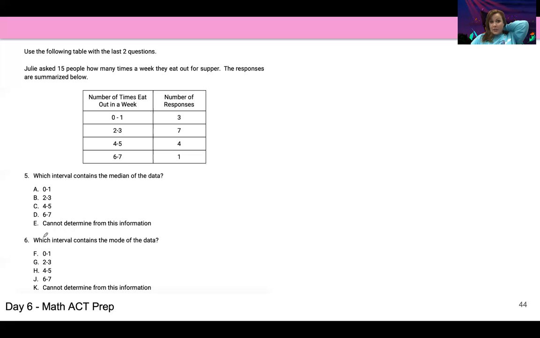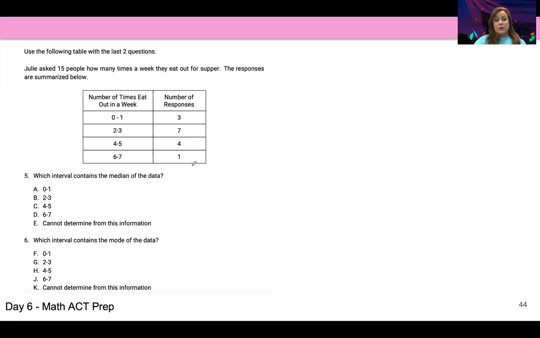Now, here's one that's on a table. It says, Julie surveyed 15 people. This is a statistics one. And how much they eat out for supper. Here are the responses. Which interval contains the median of the data, or the middle?